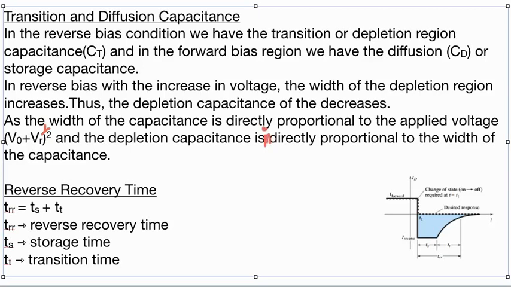Thus, with increase in the reverse bias voltage, the width increases, however the capacitance decreases.